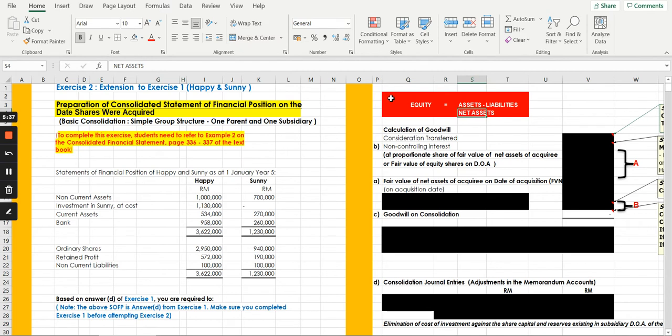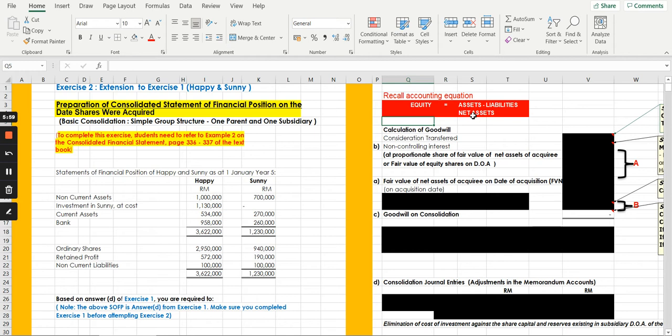If you can see here, this is actually something to do with your accounting equation. If you can recall your accounting equation, net asset is actually asset minus liabilities, and the accounting equation says that equity equals asset minus liability.